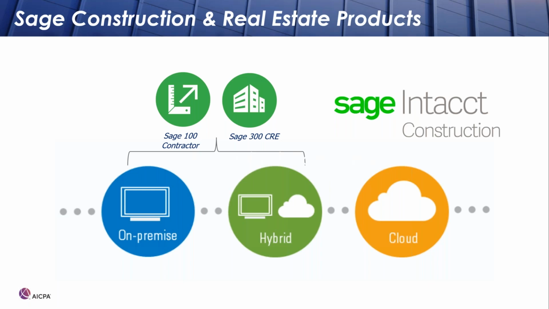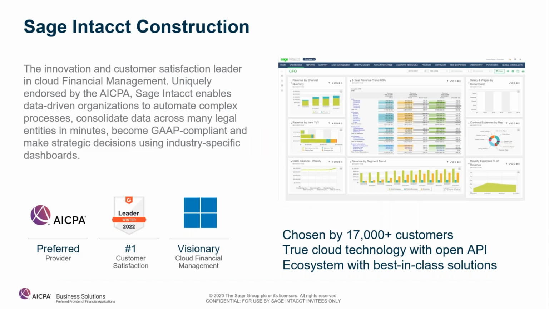So it's not like a cloud-hosted product, perhaps like 100 or 300 could be. It's a true multi-tenant SaaS, which means software as a service solution. Sage Intacct currently has more than 17,000 customers. Sage Intacct is the first and only preferred provider of the AICPA, the only software publisher to have earned this endorsement.